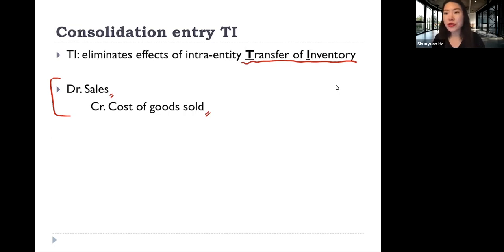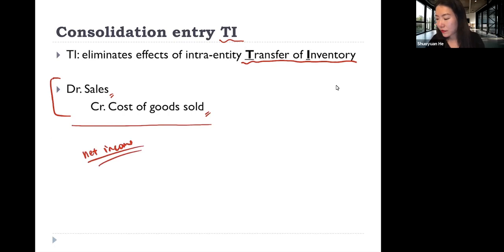But one thing I want you to notice here is, for consolidation entry TI, is there any effect on the profit? In other words, does the firm's net income change as a result of this consolidation entry? It doesn't change, right? We debit a certain amount for sales and credit the same amount for cost of goods sold. As a result, the net income does not change.